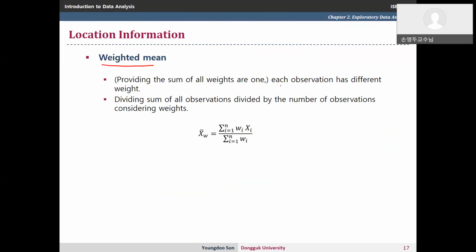In the weighted mean, each observation has a different weight. Usually we denote this weight as Wi. And usually we have the condition that the sum of Wi equals 1. Sometimes we do not have this condition, but we usually have it.